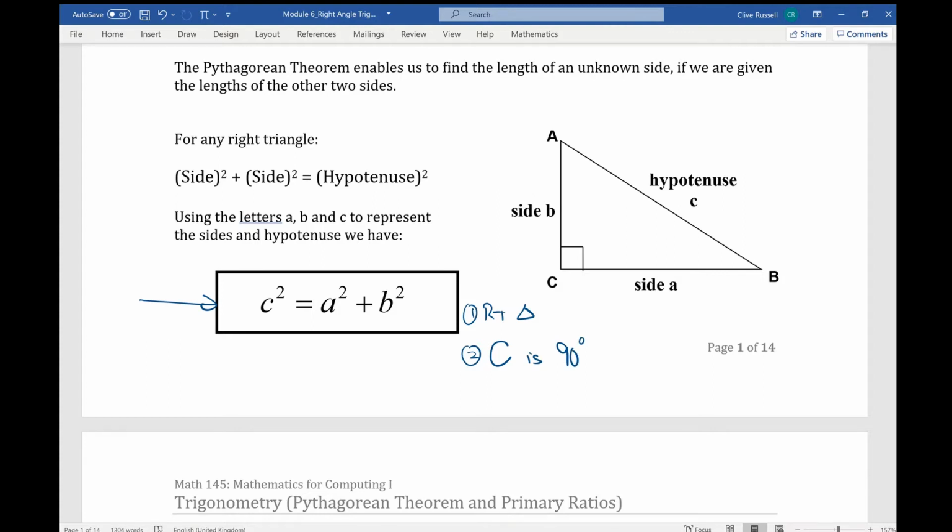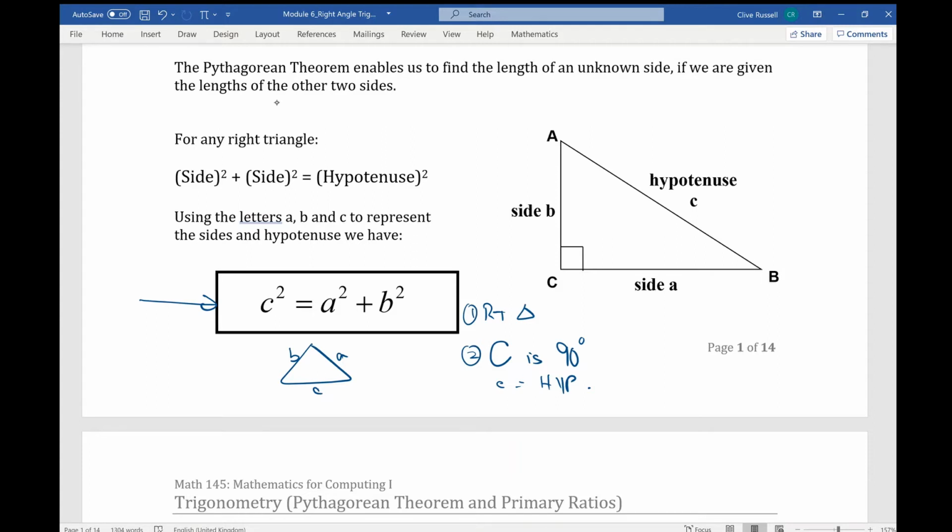So you could say in a right triangle ABC, where C is the right angle and lowercase c is of course the hypotenuse, then c squared is a squared plus b squared. Because if you had a triangle like this, well, not even a right triangle, if you have a triangle like this where that's A, B, and C, then clearly this is not a right triangle. So you can't say A squared plus B squared is C squared.